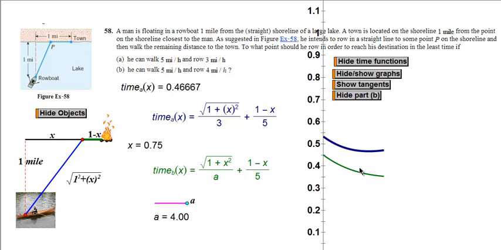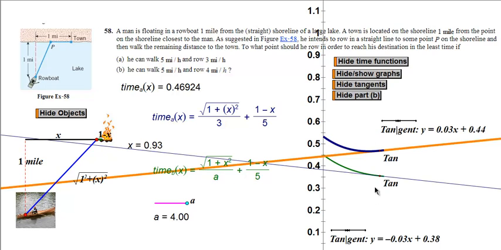So what you see now is when we graph this second function, it's almost as if it takes the most time, again, if he goes this way, when x is 0. But as we go down, we see that this continues to decrease. So the total amount of time almost decreases completely.